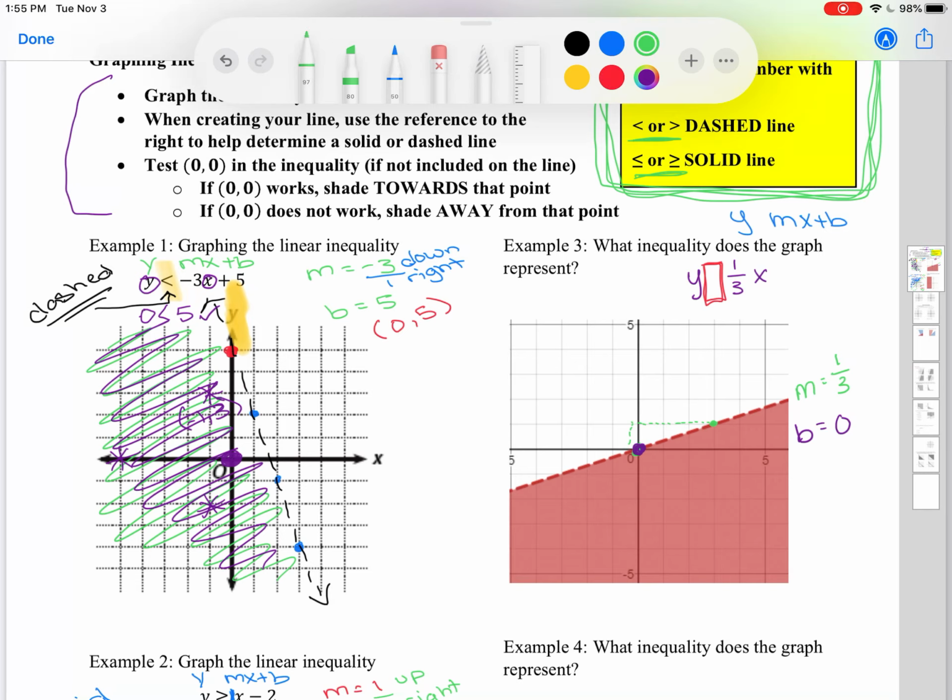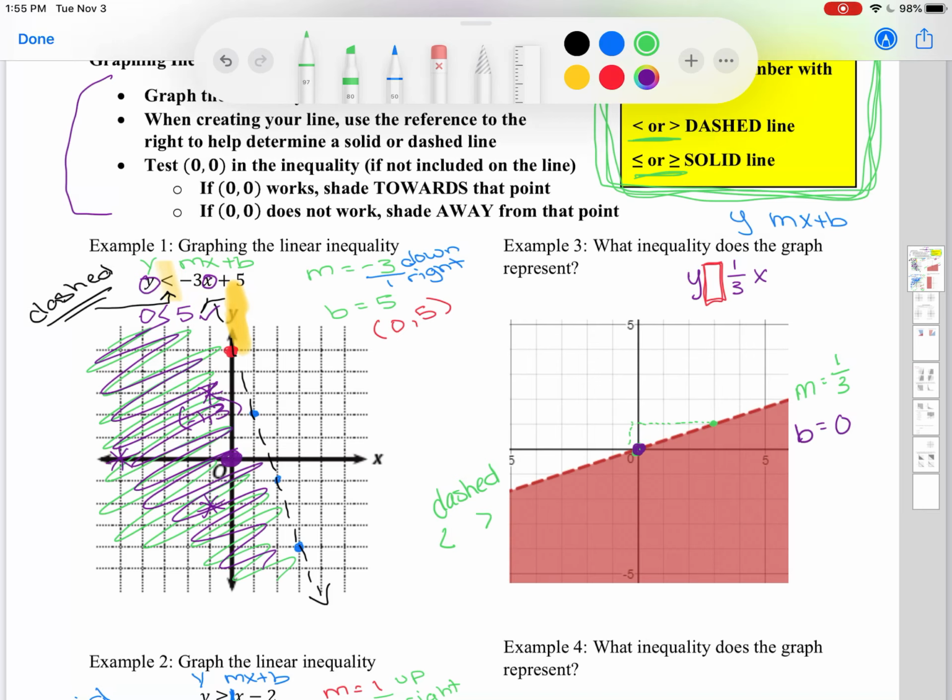Now I have to figure out what this missing piece is going to be here. So we need to use the graph as a reference. First of all, the line that was showing, is it solid or dashed? If you look closely, you'll see that it's a dashed line. Therefore, my only options are a less than or a greater than. There's no equal to in this scenario either.